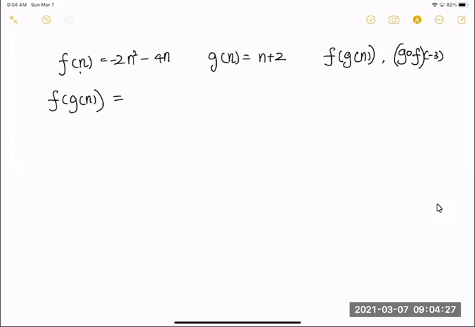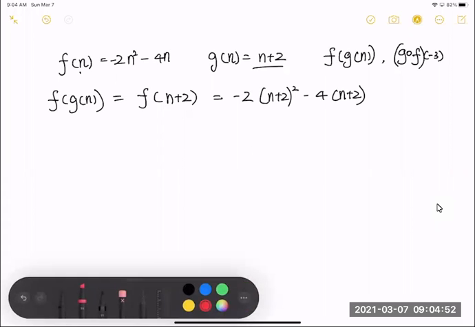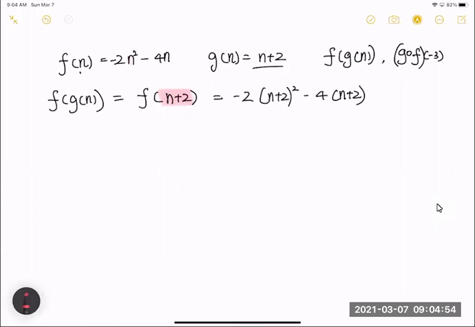So g of n equals what? N plus 2. So that means you want to substitute n plus 2 into the parenthesis. And now, when you look at f of n, that is equal to negative 2 times n plus 2 squared minus 4 times n plus 2. Because the n plus 2 will substitute for this n.